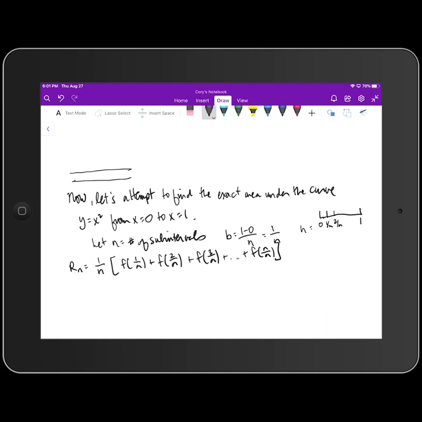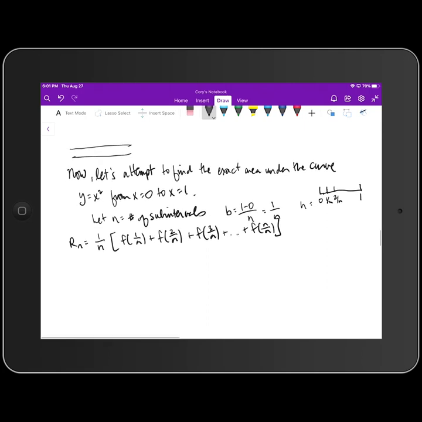Okay, so if we want the function values at those inputs, we're going to take those inputs and plug them into the function x squared. So that first value is going to be 1 over n quantity squared. The next height is going to be 2 over n quantity squared. Next one is 3 over n quantity squared. And we keep going until we get to the last one, which is n over n quantity squared.